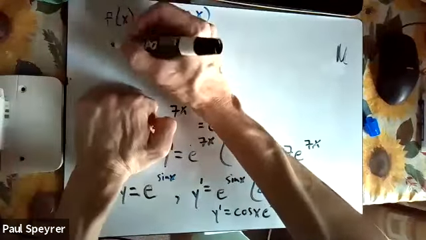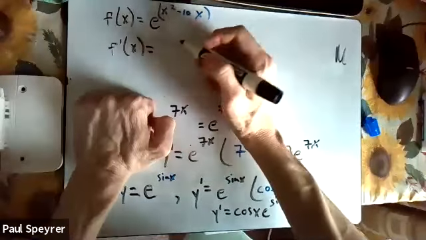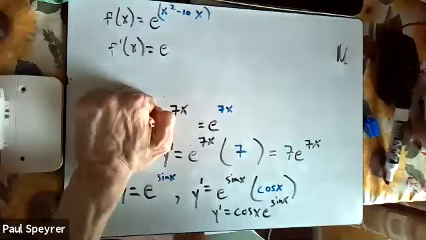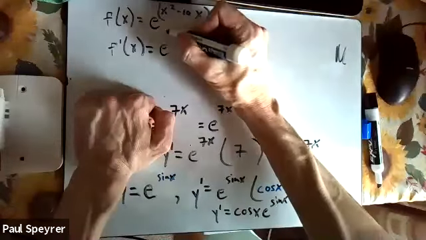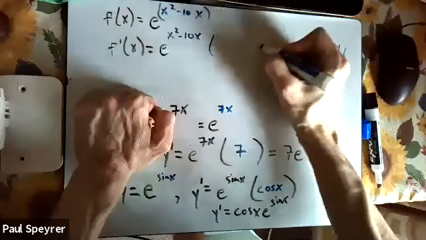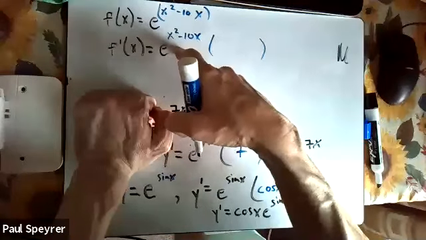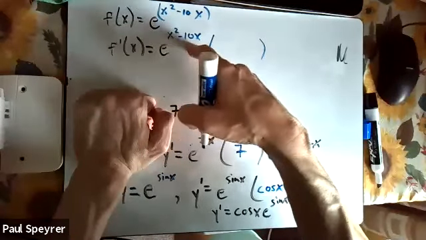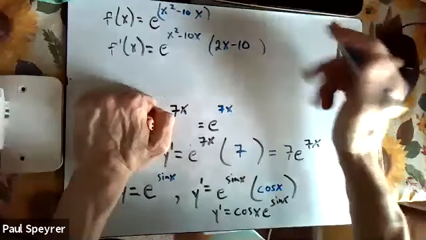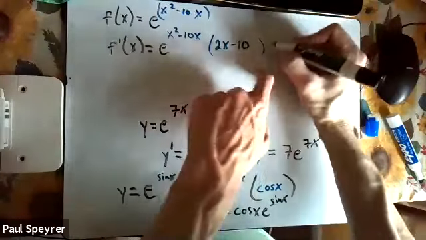You're still going to apply the chain rule. The chain rule for exponentials says the derivative of e to whatever is e to whatever times the derivative of whatever. The whatever part was this x squared minus 10x. So what's the derivative of x squared minus 10x? It's 2x minus 10.